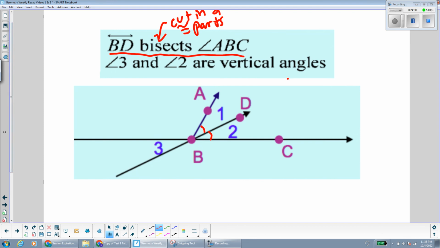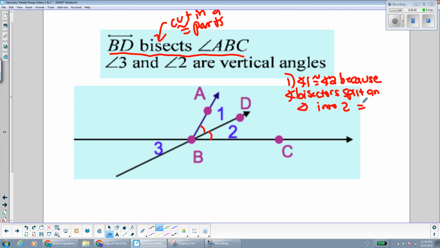Let me write this down. So I'm going to just label it number 1. Angle 1 is congruent to angle 2 because angle bisectors split an angle into two congruent parts.